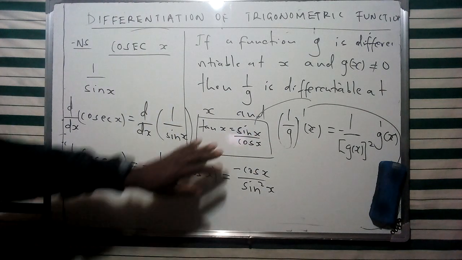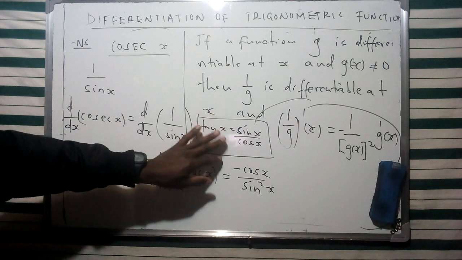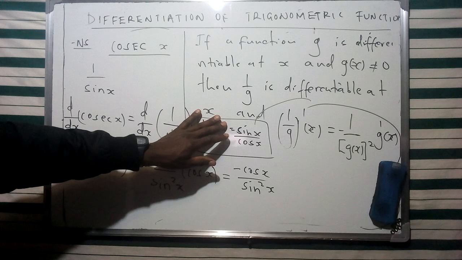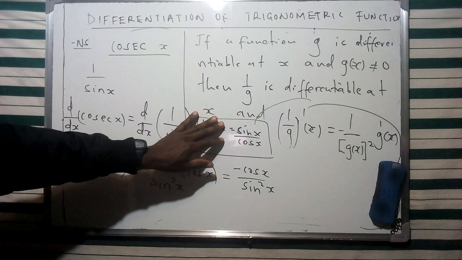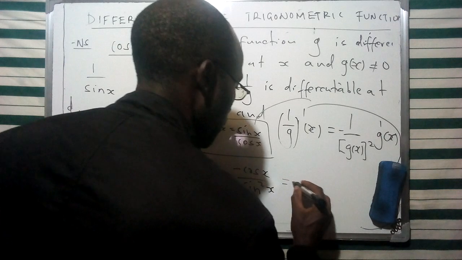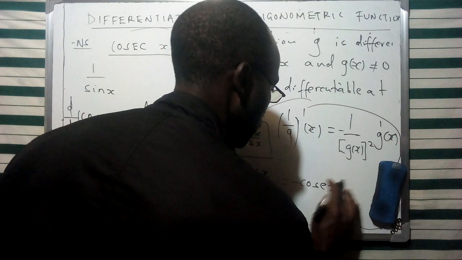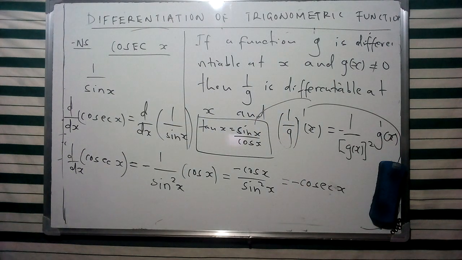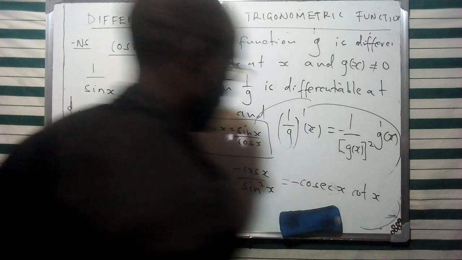If we have the inverse of this representation, that gives us cot x, and the other factor, 1 over sine x, is the cosec of a function. So this is going to be given as negative cosec x, and then cot x, in that specific order.